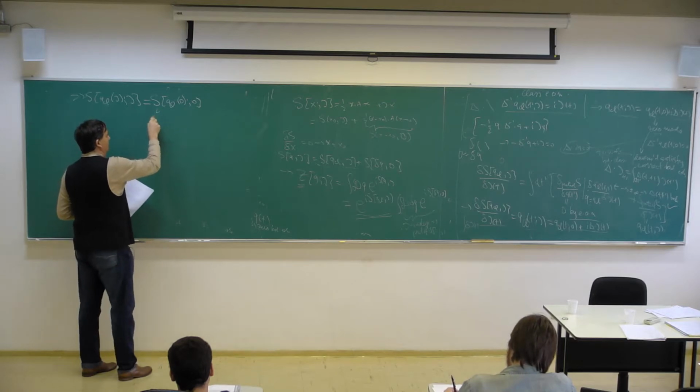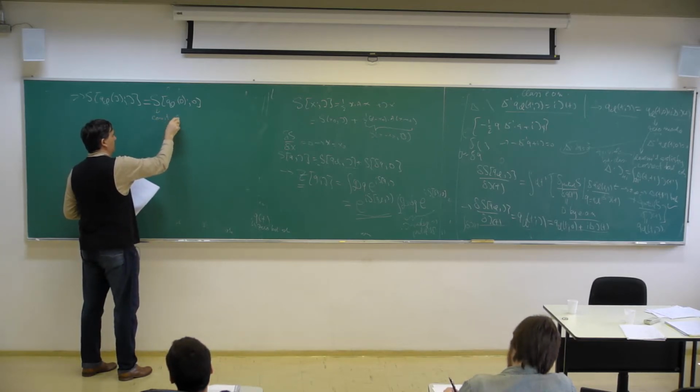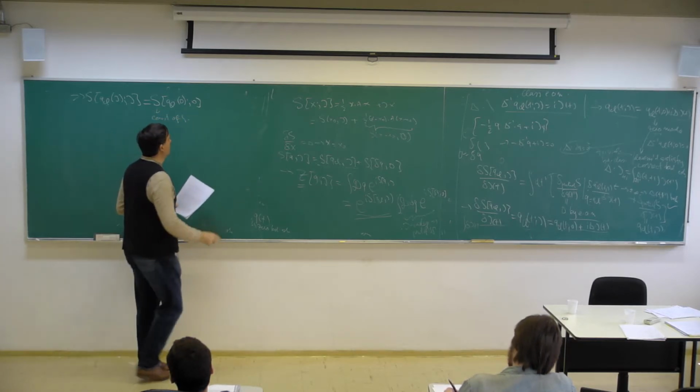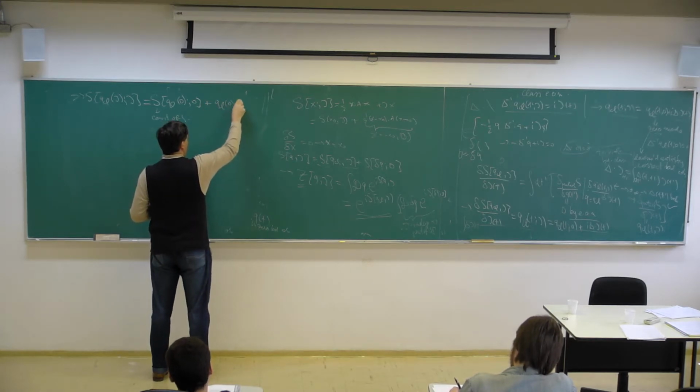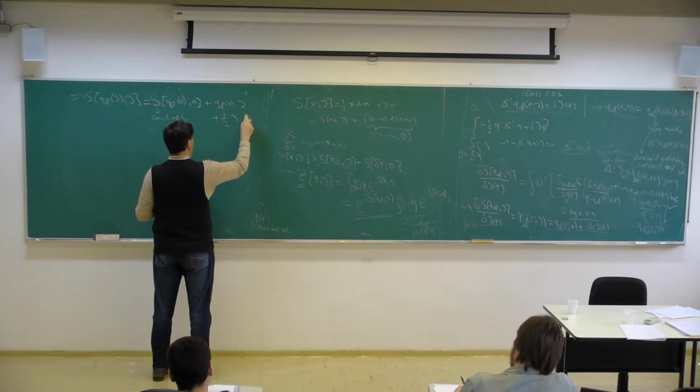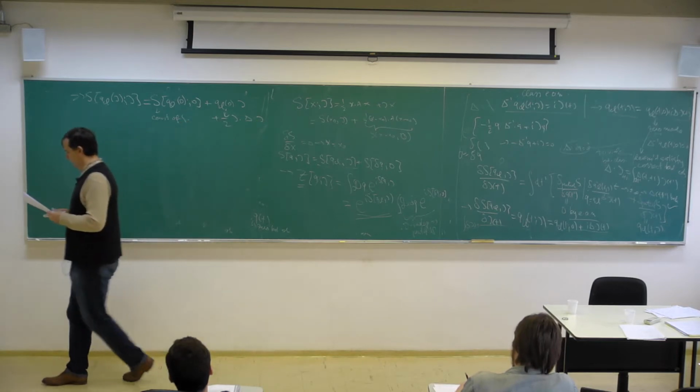So this is a constant of integration, plus q classical of 0 times J plus one half J delta i delta J. Okay.